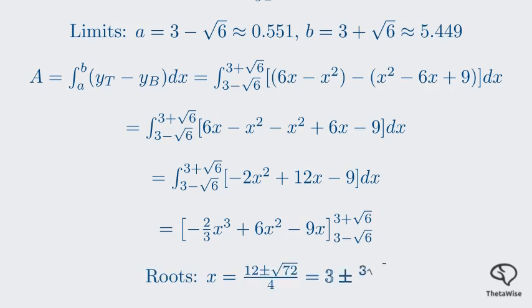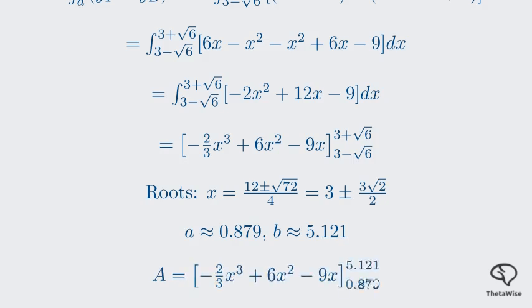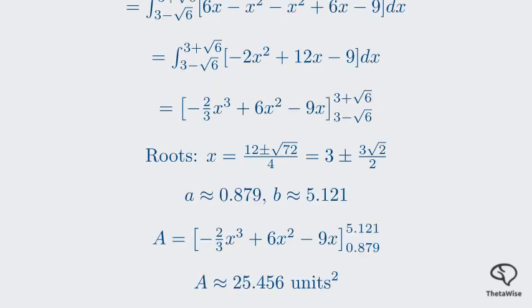The roots are 12 plus or minus the square root of 72, over 4. This is 3 plus or minus 3 root 2 over 2, which are approximately 5.121 and 0.879. The document's roots are correct. So we evaluate the antiderivative from 0.879 to 5.121. The result is approximately 25.456 square units. The document's answer matches our calculation.